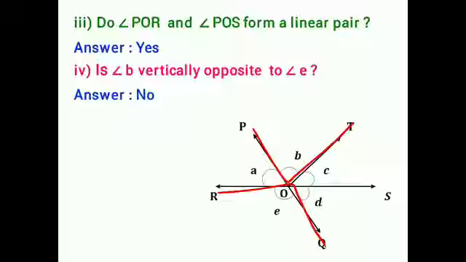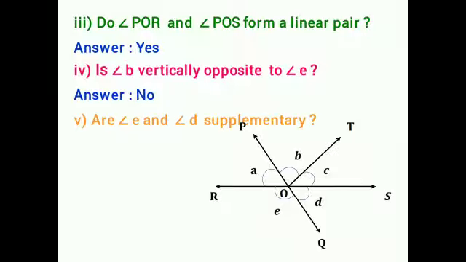But in this diagram, these two angles, angle B and angle E, are not formed by a pair of intersecting lines. So see here, this one is a line, but this one is not a line. So this one is the first arm, that is OT, and this second one is OR. So these two angles are not formed by a pair of intersecting lines. So that's why here answer is no.